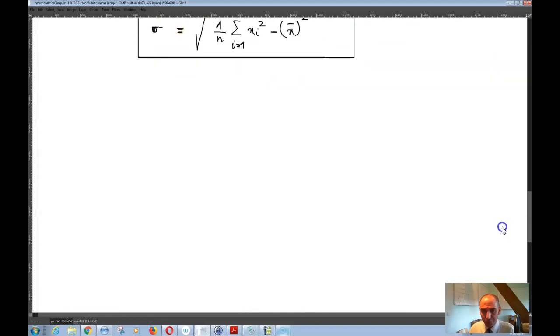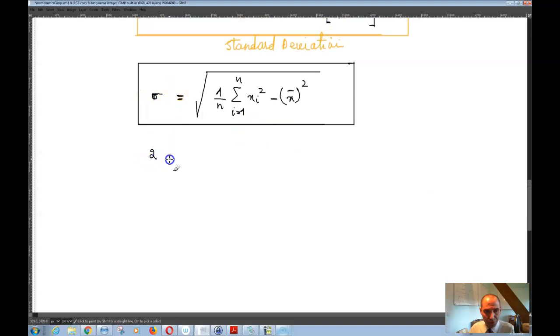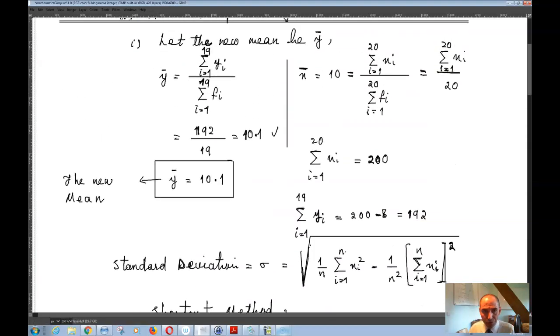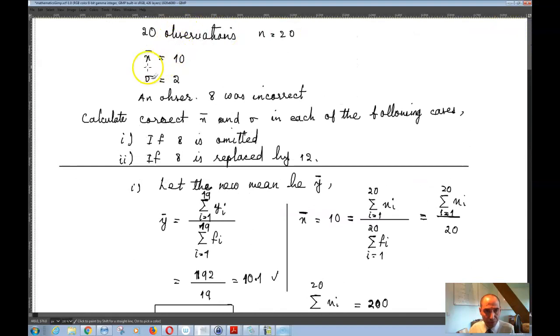So if I write over here the incorrect standard deviation, which is equal to 2, and over here I can write 1 over 20, because the number of observations was 20, and sigma of x of i squared as i goes from 1 to 20, minus x bar squared, and x bar was equal to 10, and these are all the wrong values.